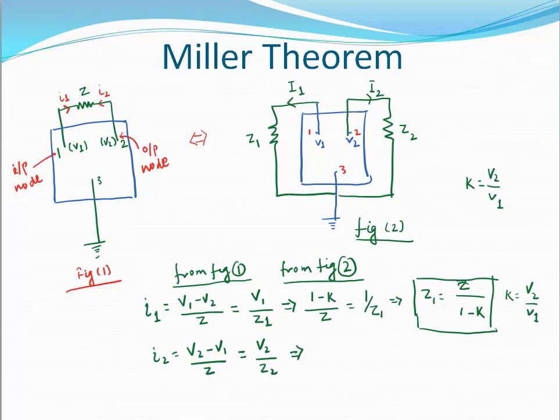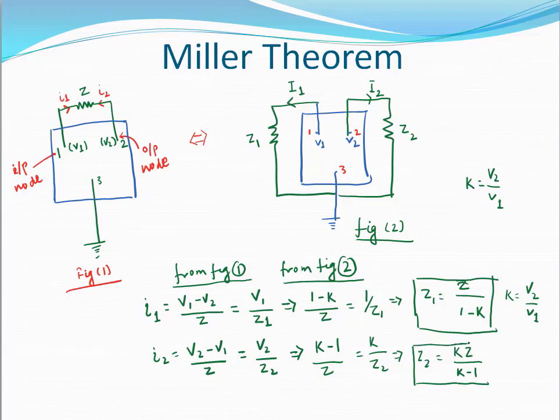So again we will divide both sides by V1. V2 by V1 is nothing but K. So what we will get here, Z2 is equal to KZ by K minus 1.